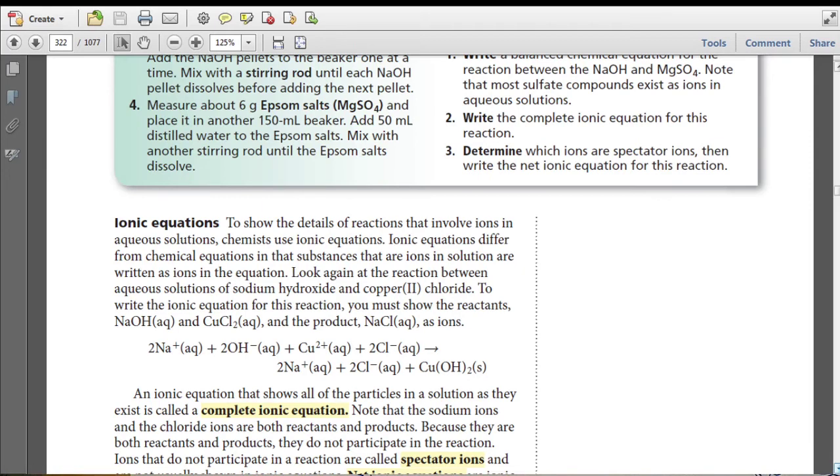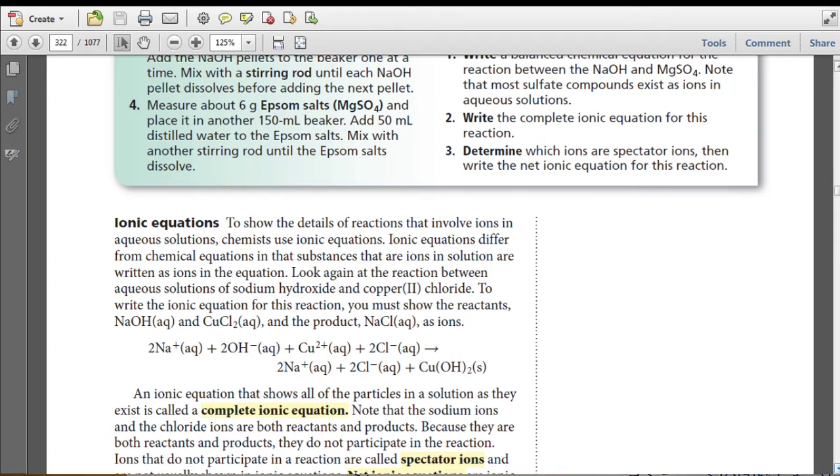To show the details of reactions that involve ions in aqueous solutions, chemists use ionic equations. Ionic equations differ from chemical equations in that the substances that are ions in solution are written as ions in the equation. Look again at the reaction between aqueous solutions of sodium hydroxide and copper 2 chloride.